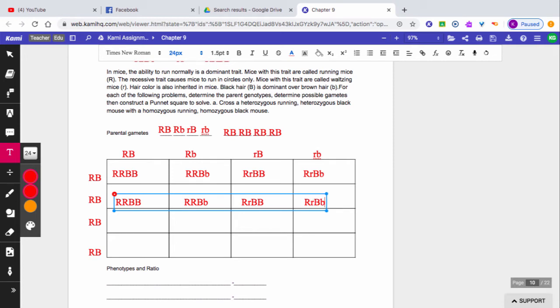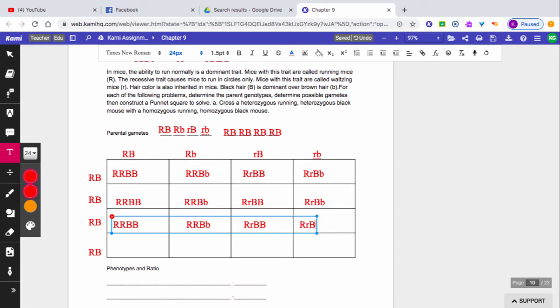But I'm going to go ahead and go through that redundancy for you guys. So again, on the actual test, even though you don't really need to do all these, I'm going to have you fill in all 16.